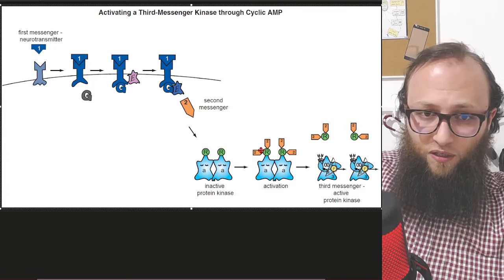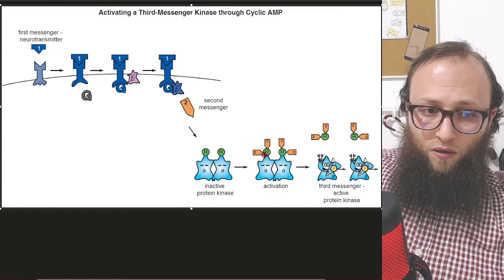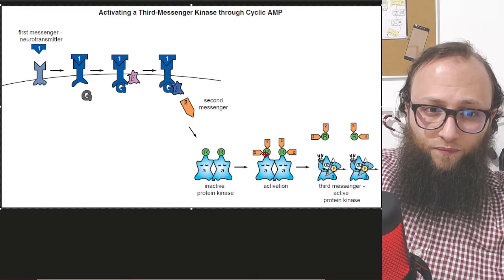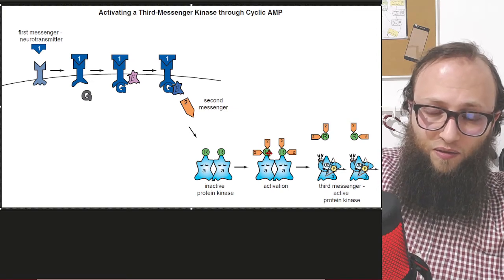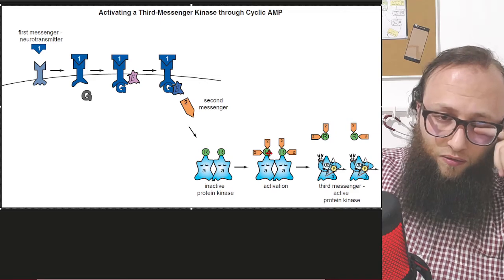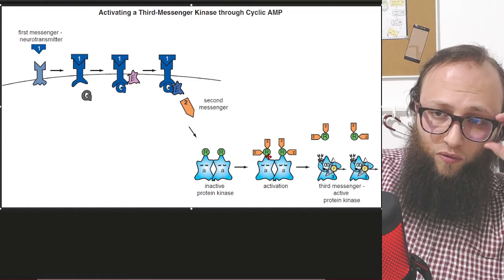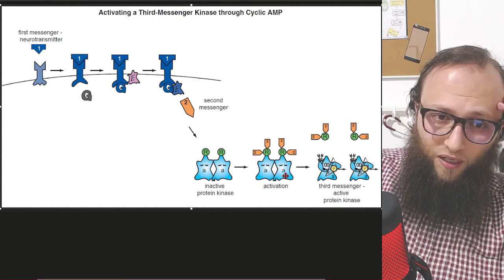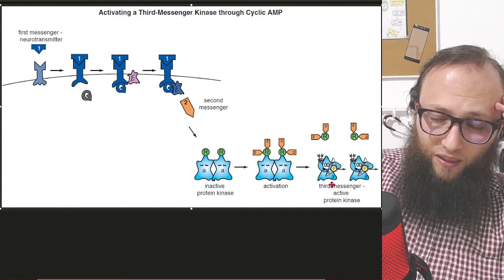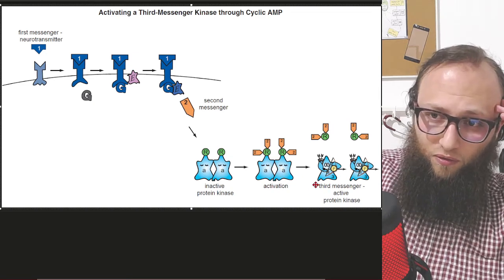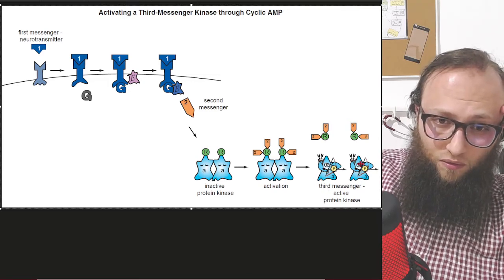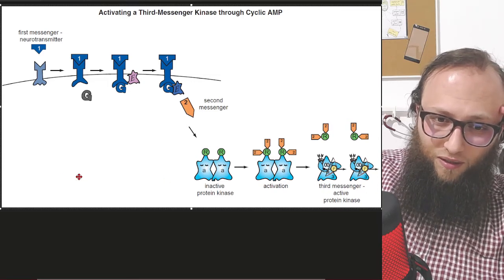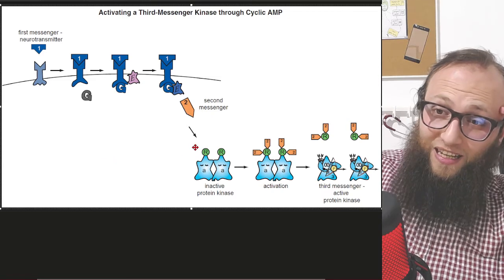So the second messenger dissociates the regulatory units, and when they are dissociated, the dimer would be active as separate proteins, as you can see here. So that's about the third messenger kinase.